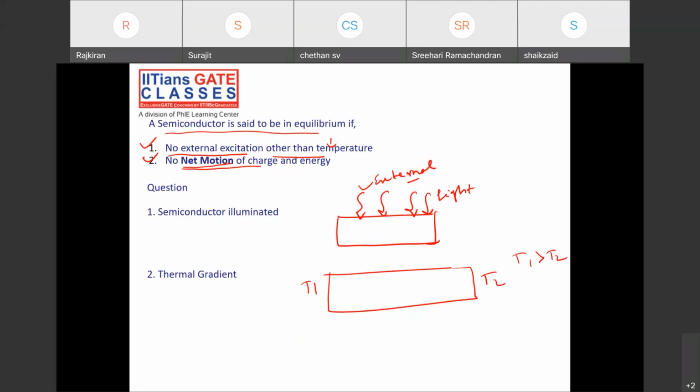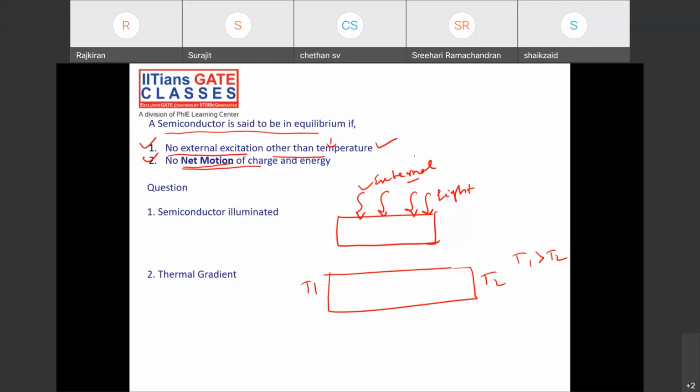Good, but why? Two different temperatures, sir. Then charge carrier concentration will be different. Very good. Perfect.